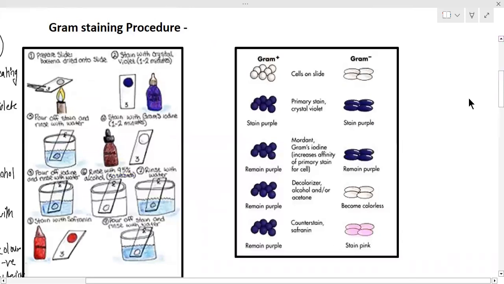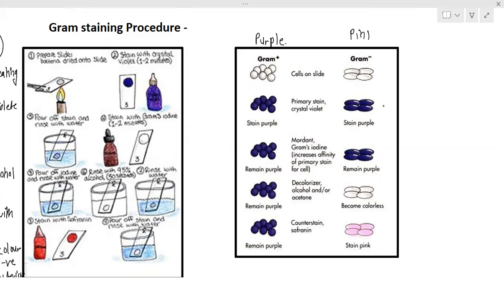Remember the procedure properly. You can see two types of bacteria in this diagram. One is gram positive bacteria, which stain purple in color, and another is gram negative bacteria, which will be pink in color.